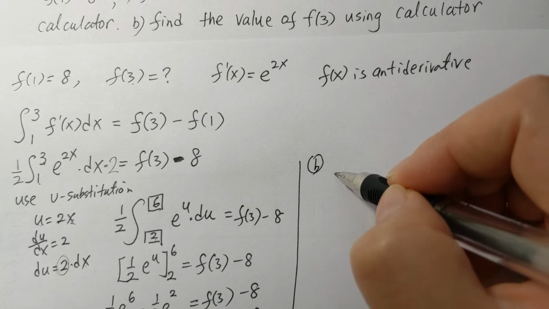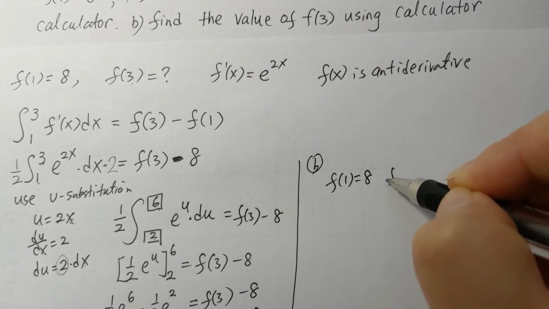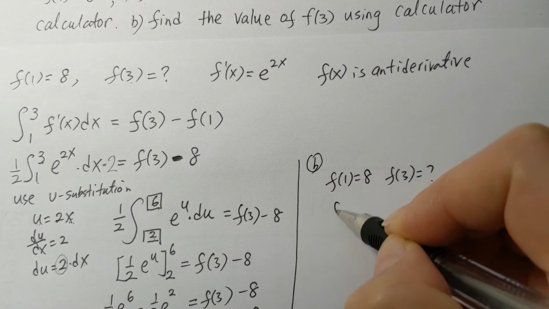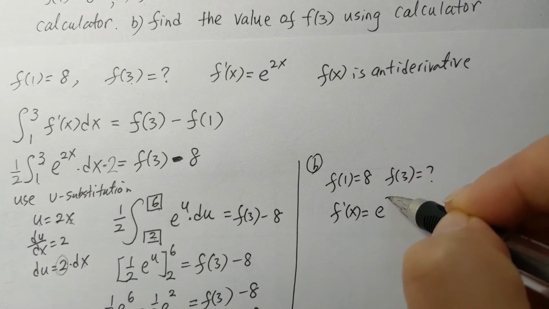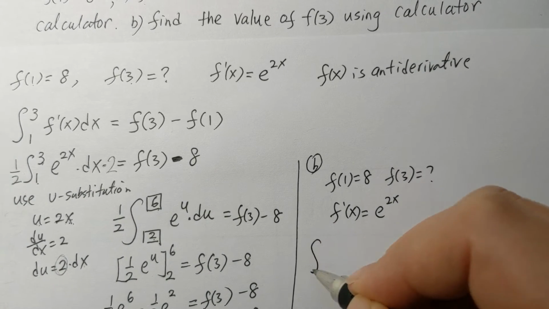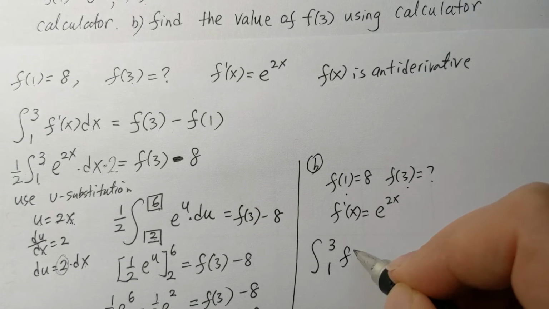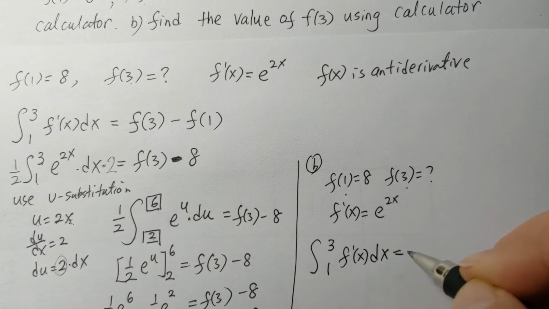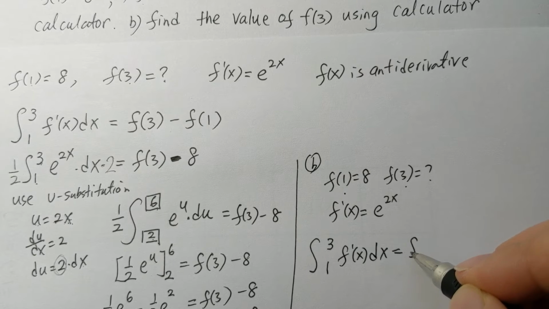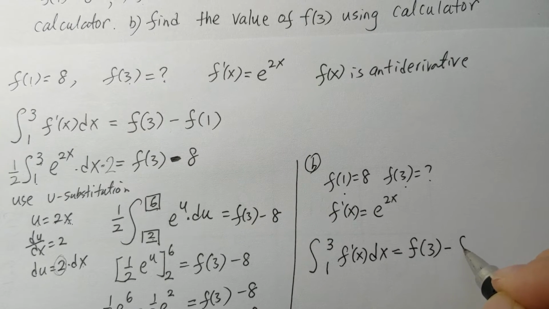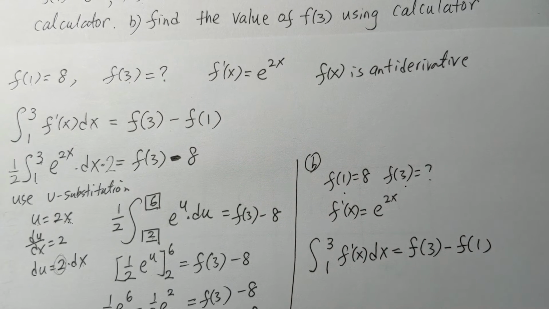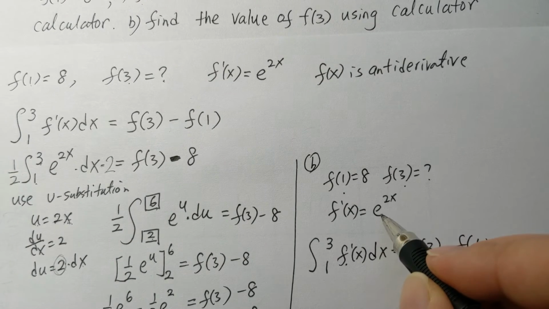So we know that f of 1 equal 8, f of 3 equal what? F prime of x equal e to the 2x. So we do integral 1 to 3 f prime of x dx equal to f of 3 minus f of 1. Now we replace this by the e to the 2x.